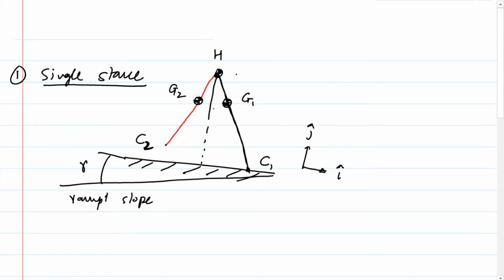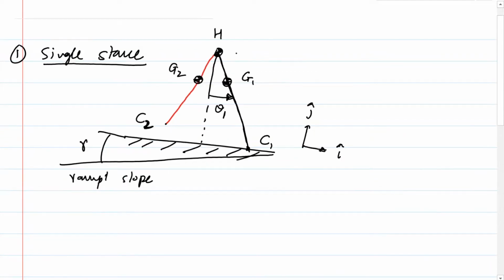Now we'll call the angle made by the vertical and the stance leg theta 1. That's actually the absolute angle. Absolute angle is usually referred to an angle made with the external reference frame.